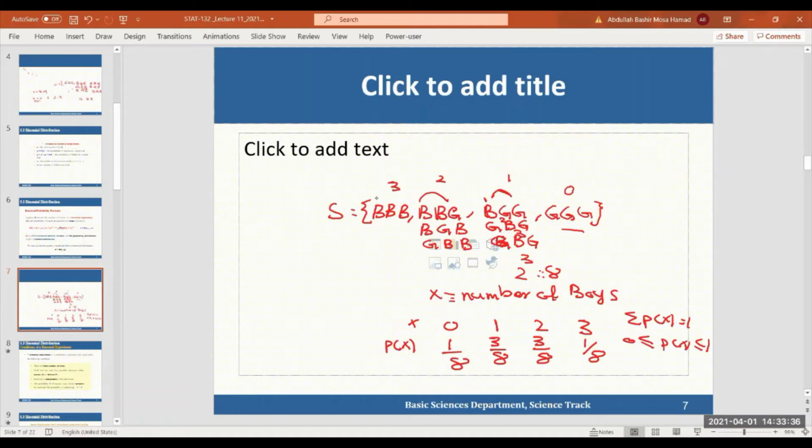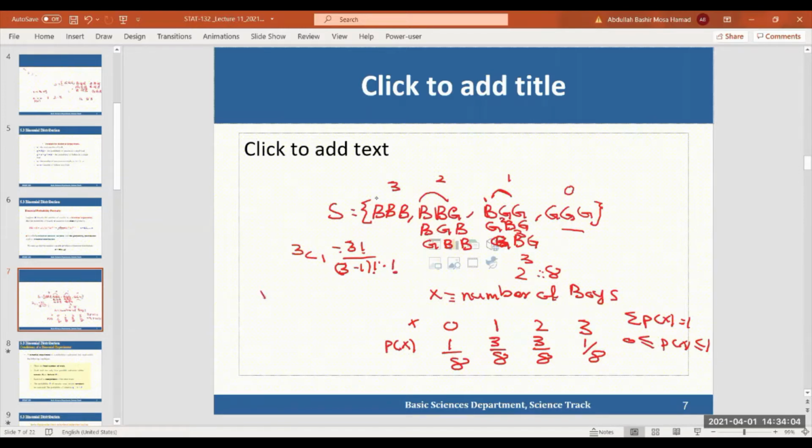Combination. You know combination? Just we find 3C1. 3C1 equals 3 factorial over (3 minus 1) factorial multiplied by 1 factorial.